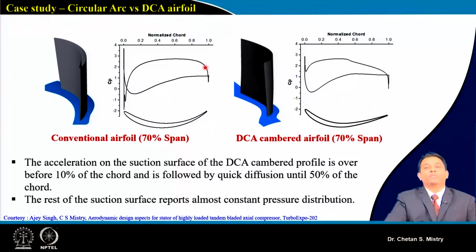If you recall, we discussed the kind of stator we made. There we modified it using this double circular arc camber line, and this represents the distribution of Cp at 70% span. So we have more control over my pressure surface as well as my suction surface.